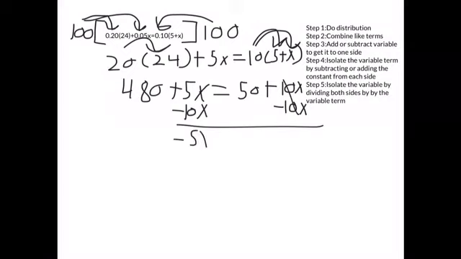That gives negative 5x, 480. And the reason the plus sign turned to a negative sign is because whenever you're adding a negative, it's really subtracting. It equals 50. And now we take away the constant, like I said on step 4.